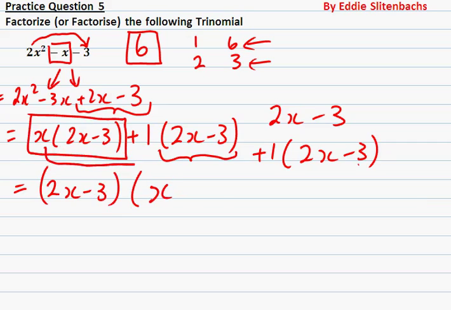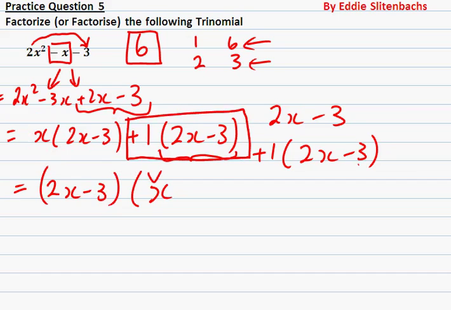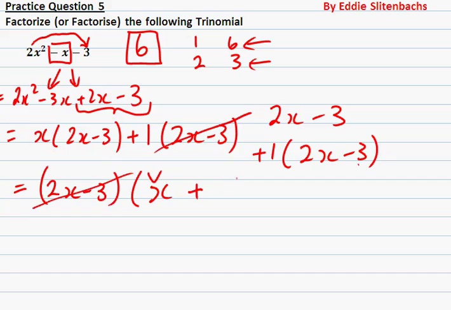That x is going to be the first term in my bracket. Similarly, if I look at my second term, the 2x take 3 is going to cancel and leave me with the +1 as my second term in that bracket.